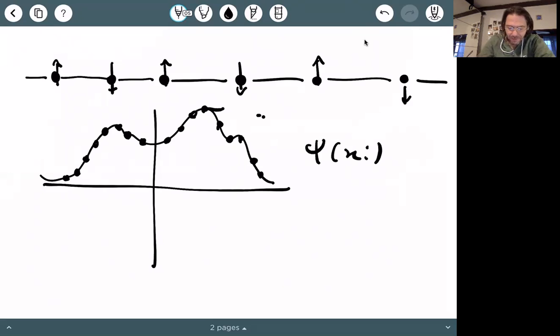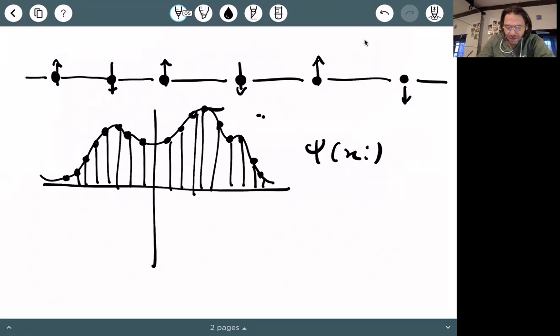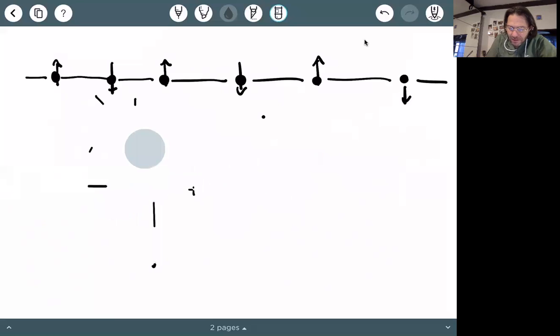So if I have n mesh points, my quantum state is specified by n numbers, which corresponds to the quantum wave function in each of the points. Now, if I have a quantum many-body problem, even the simplest one, how many numbers do I need to specify?